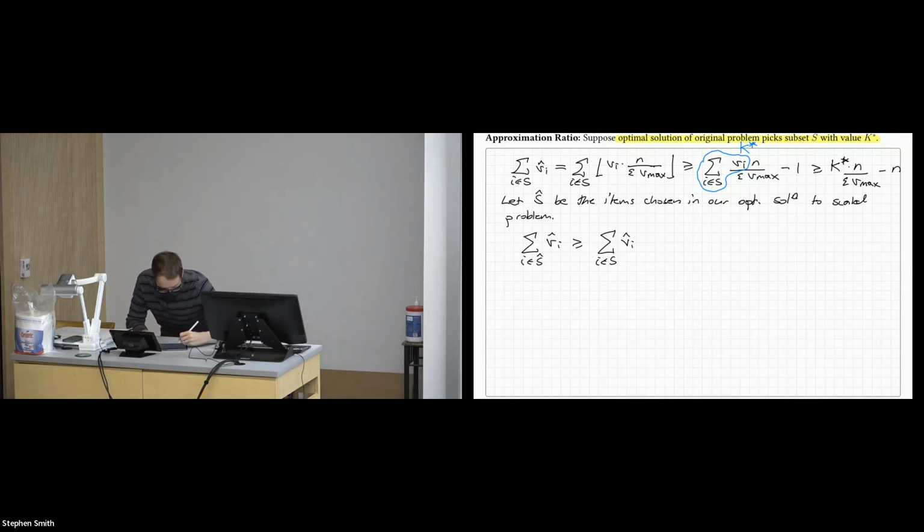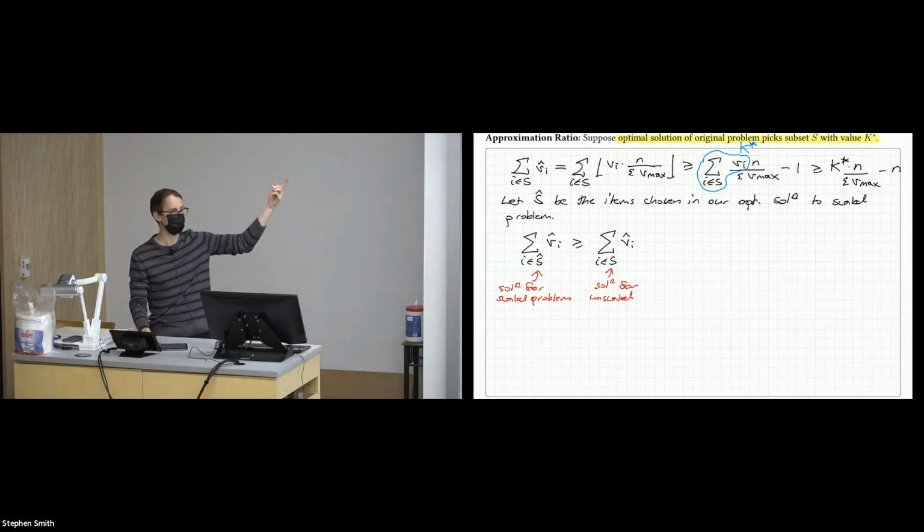So this one is the solution for the unscaled problem. It's not optimal for the scaled problem, right? The first thing, the hat one, is optimal for the scaled problem.